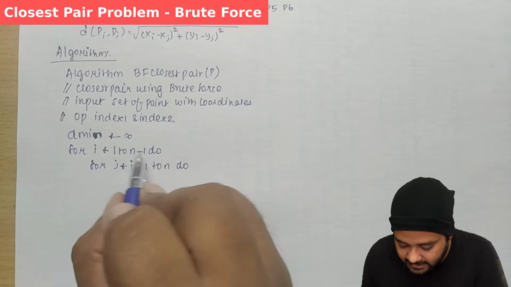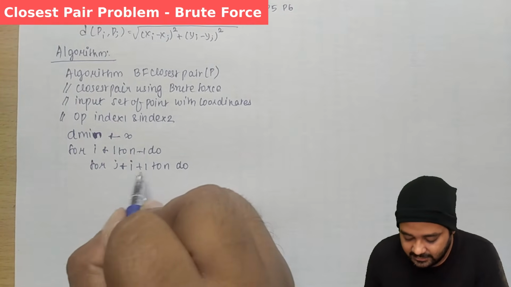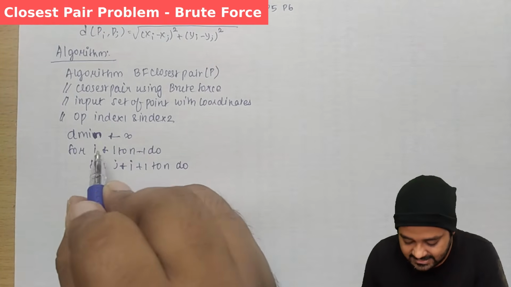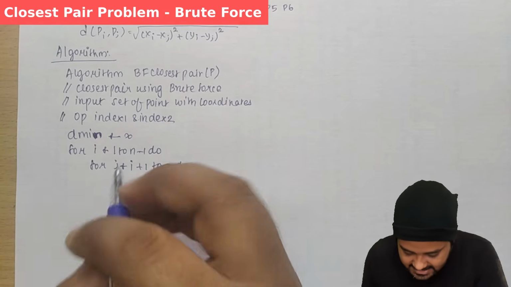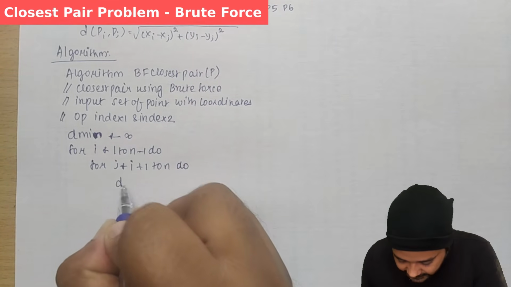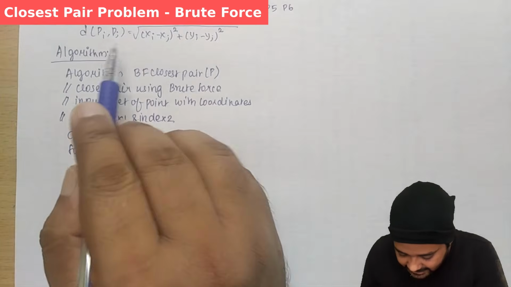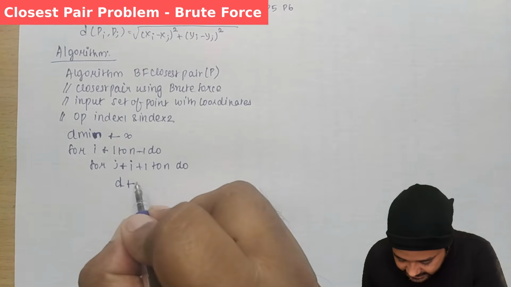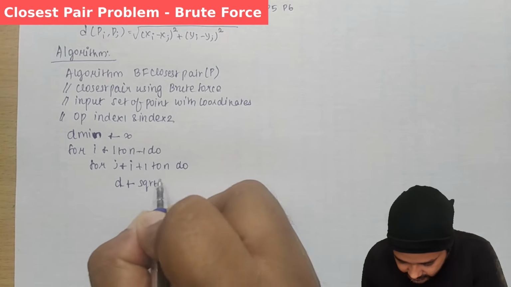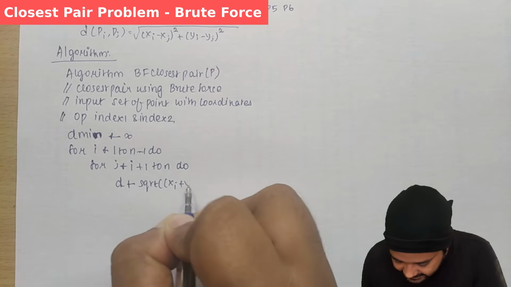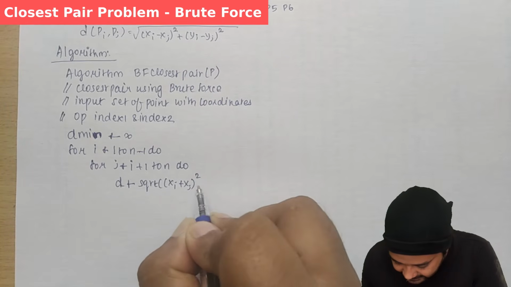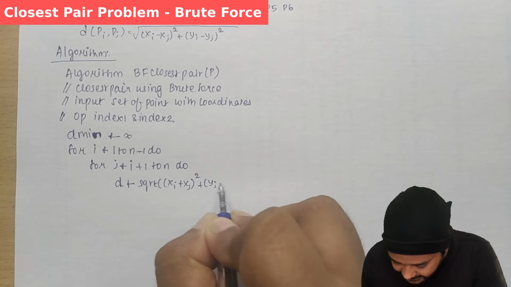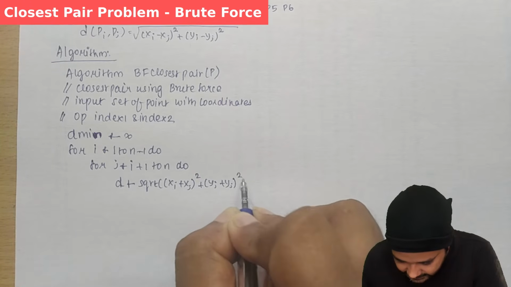We are ignoring the last element for i, and the first element for j, since it is being considered as i. So we apply our mathematical formula which we have already mentioned: square root of (xi minus xj) the whole square plus (yi minus yj) the whole square.